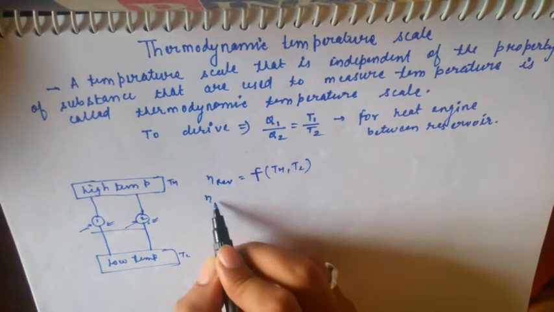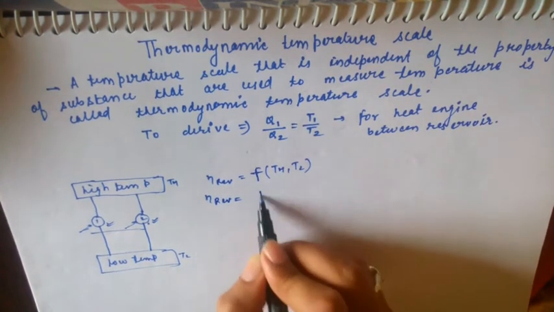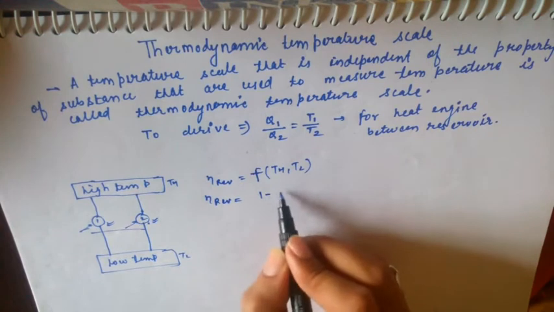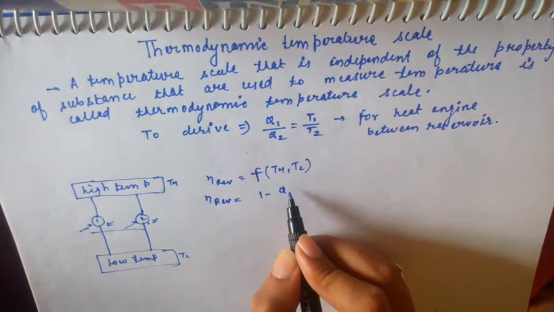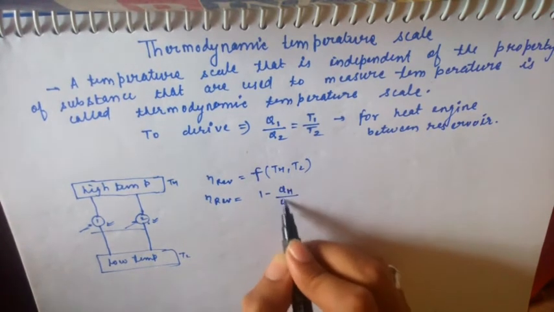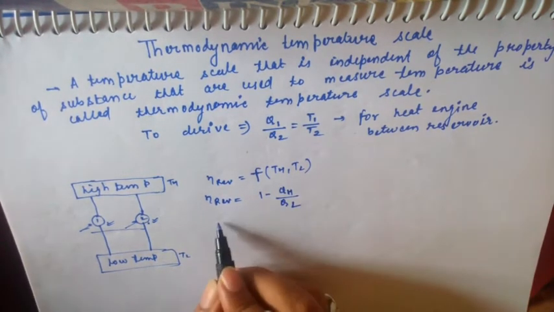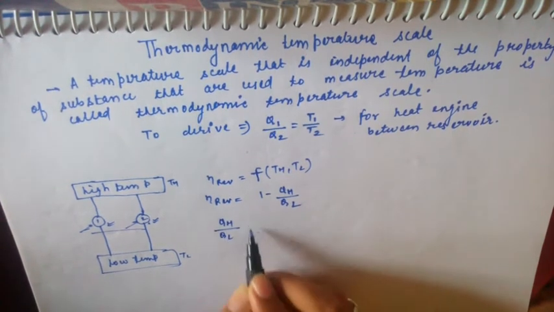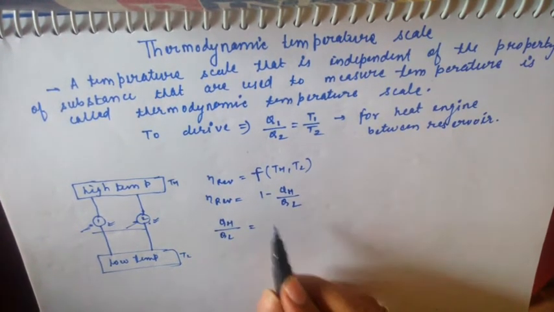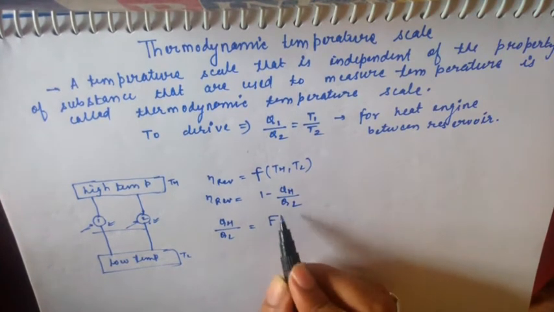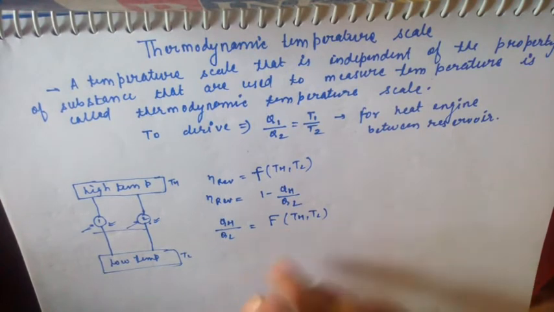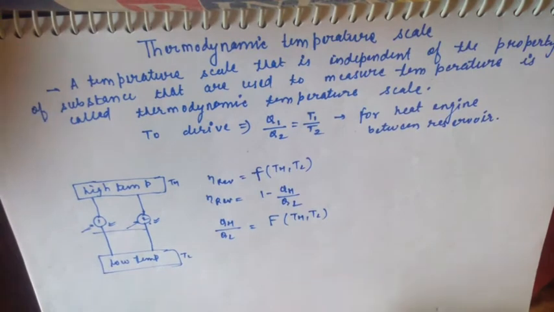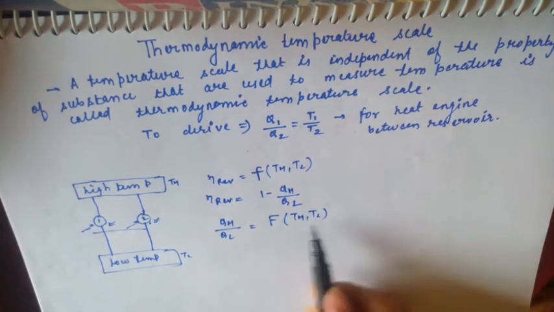Now we know the efficiency of a reversible cycle is equal to 1 minus QH upon QL. So QH upon QL is equal to some function of TH upon TL. This is a different function, because this is small f and this is capital F.